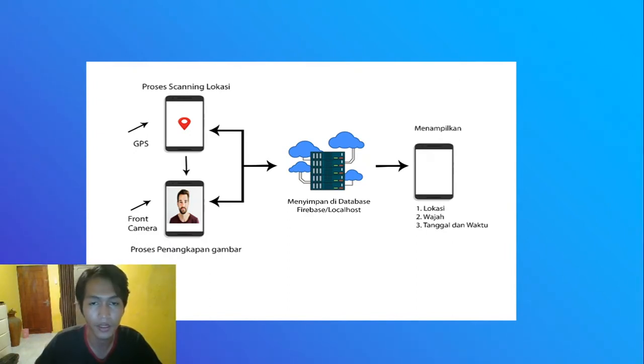First it captures your face, and then it is saved in the database, or Firebase, and then it is shown in your application. It shows the location, face, time, and date.